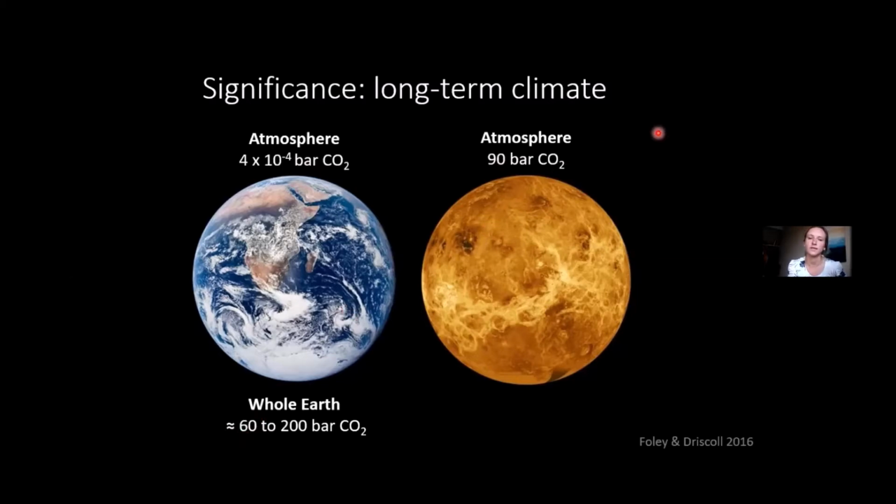What this suggests is simply that Earth must have a really efficient means of regulating its atmospheric CO2 content, and likely one of those major ways in which it does this is through this cycling of carbon, this deep carbon cycle.